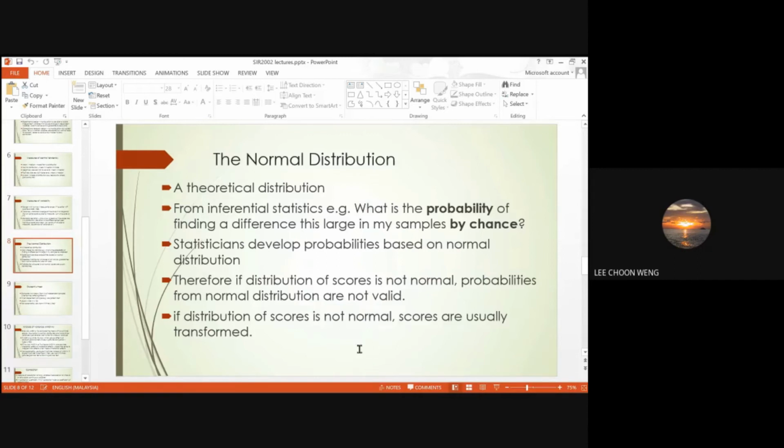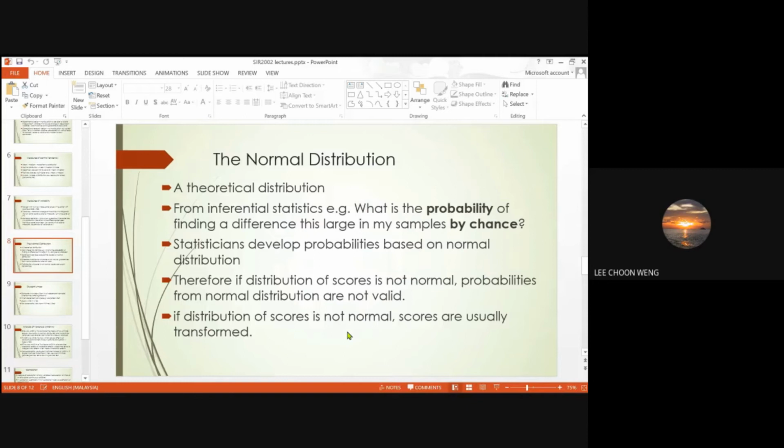For example, for population data, CFU count data, we'll usually just log it, logarithmic transformation. When we do that, most of the data will tend to fit. After logarithmic transformation, most of the data will fit into normal distribution.